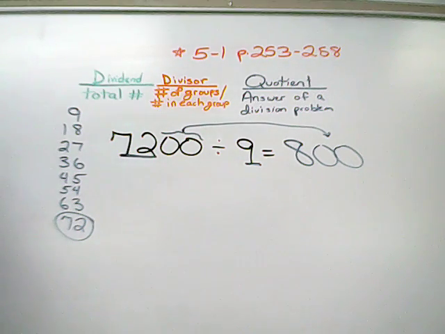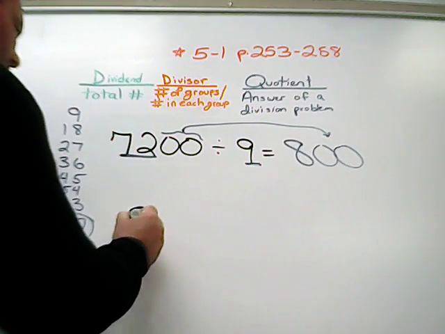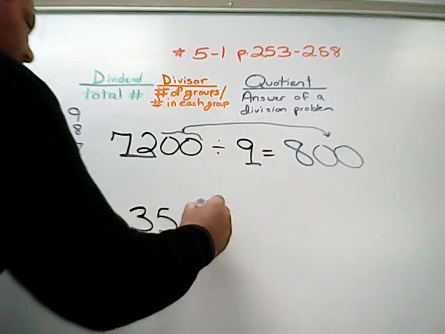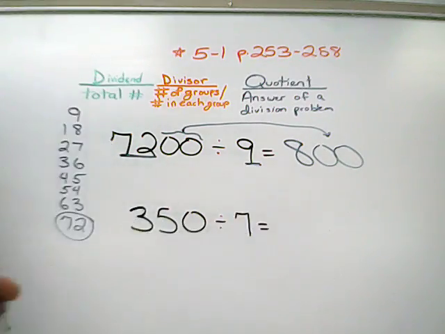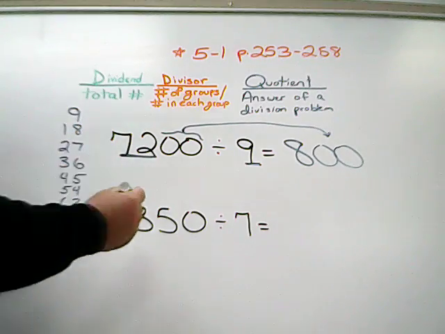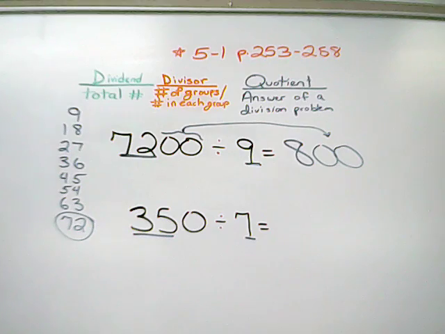One last example for you. Let's do 350 divided by 7. So again, I'm going to do a very basic fact to solve what looks to be a very large division problem. In this case, 35 divided by 7.